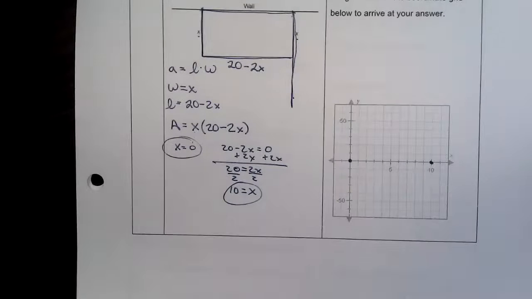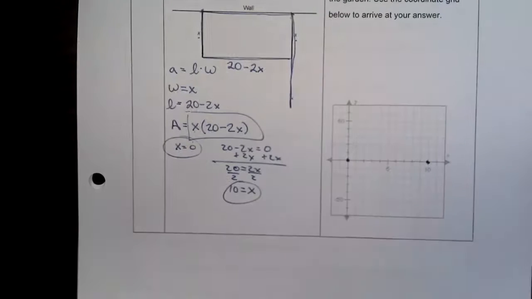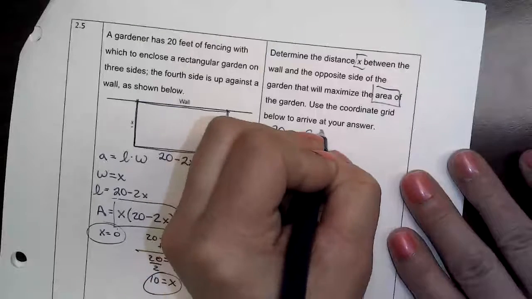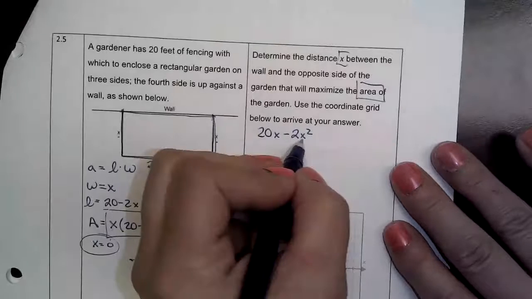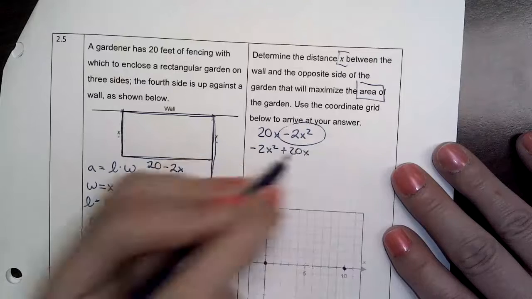And now I need to find my vertex. If you notice this right here, if I multiply it out, I'm going to get 20x minus 2x squared. Oh, it's a parabola. Let's write it in standard form though, which means this piece is going to go first. So negative 2x squared plus 20x.